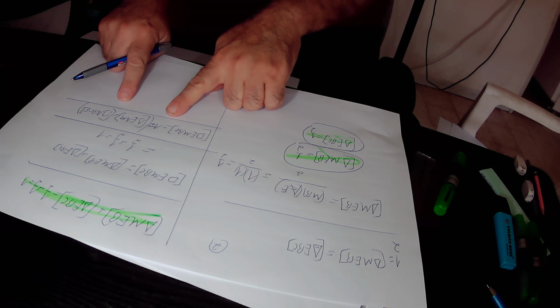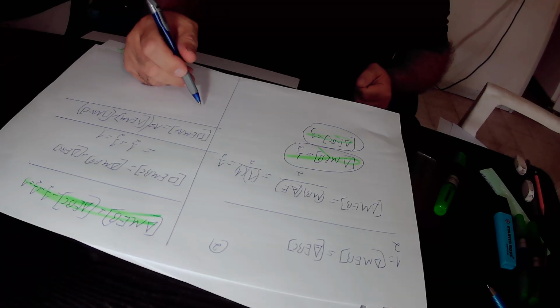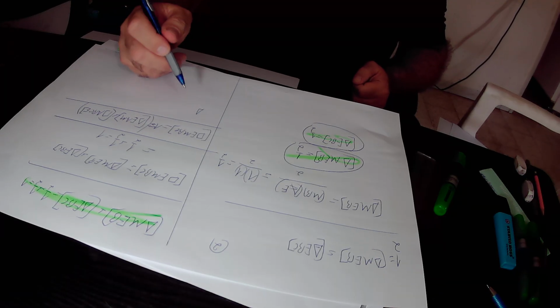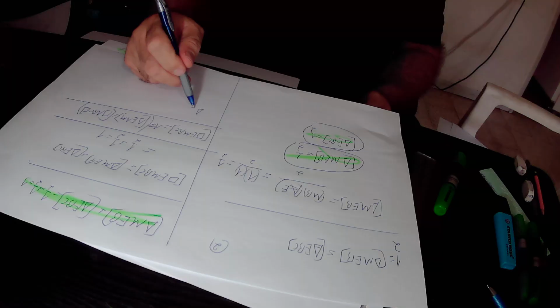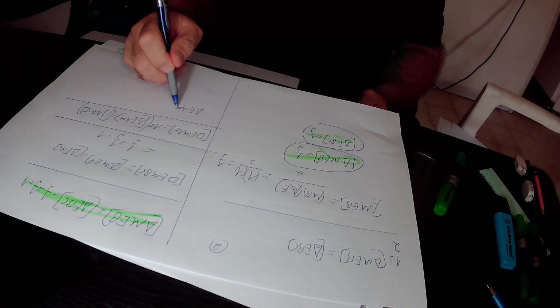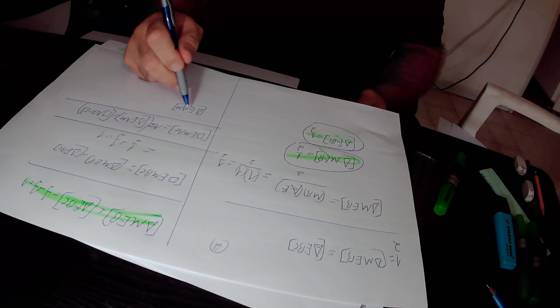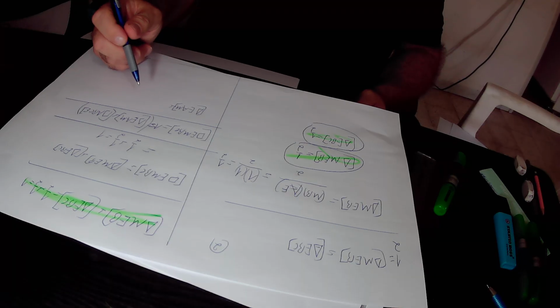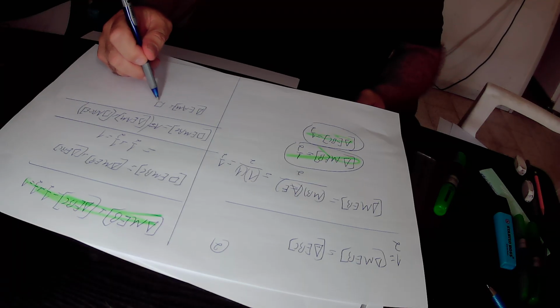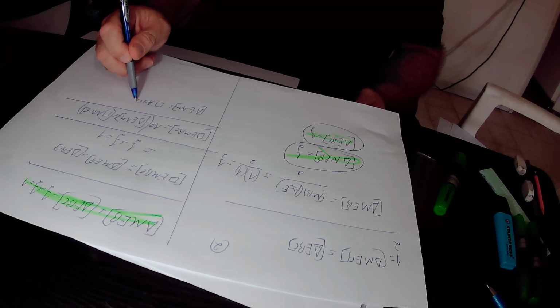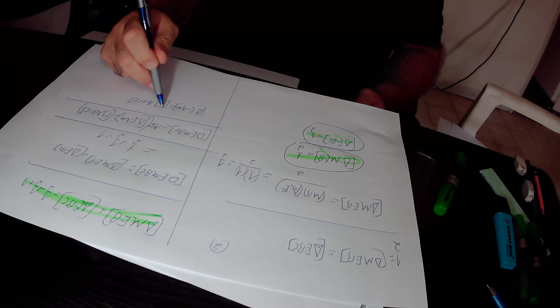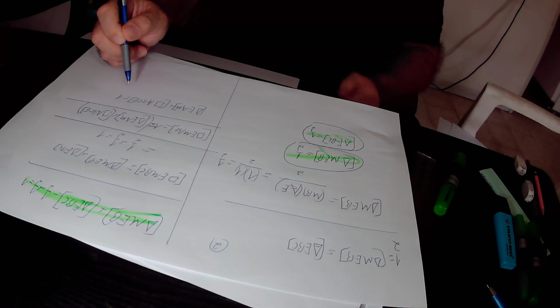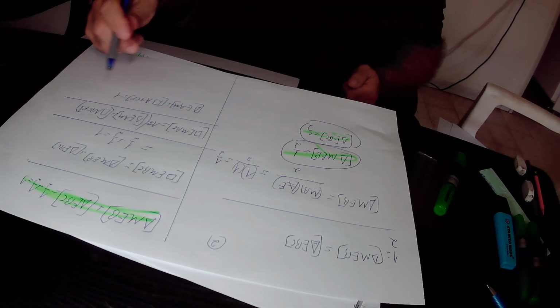Okay. So the area of triangle EAM plus the area of quadrilateral ABCE is equal to 1. Those two sides are equal to each other.